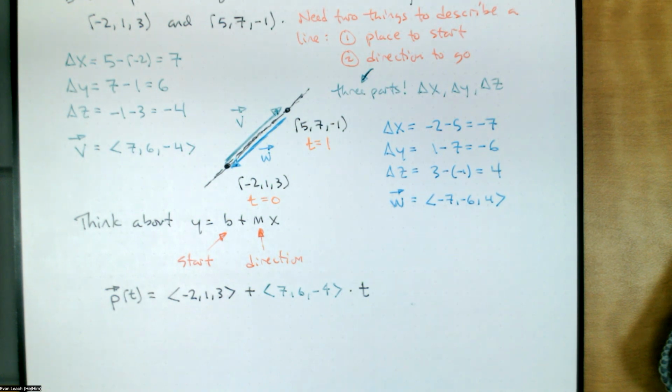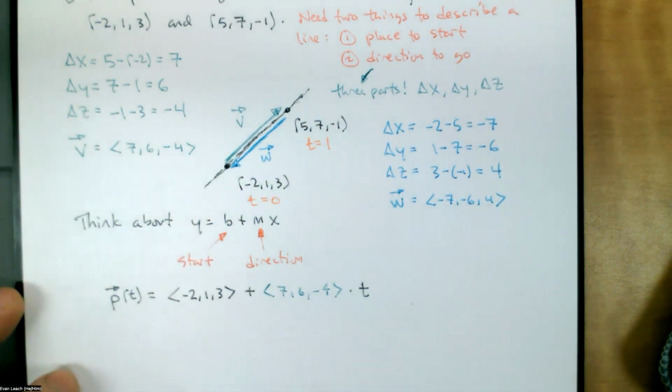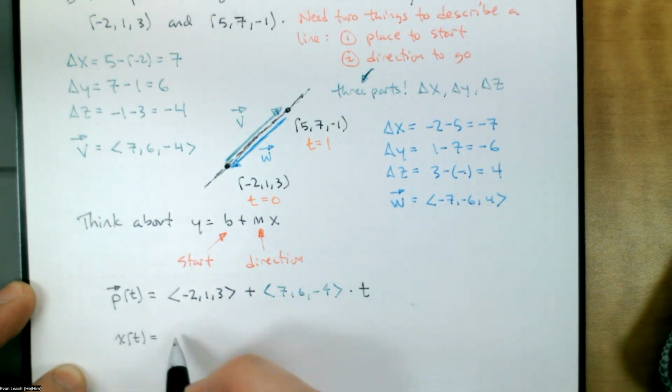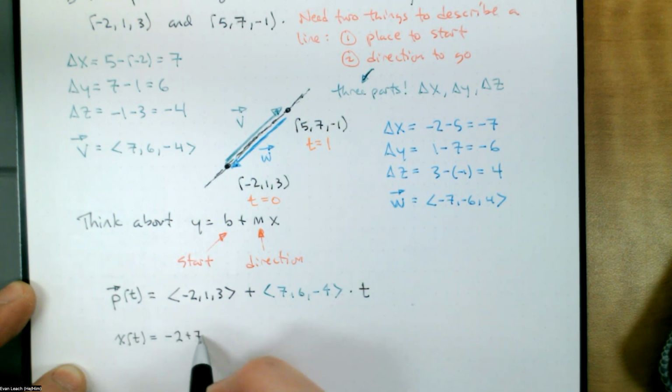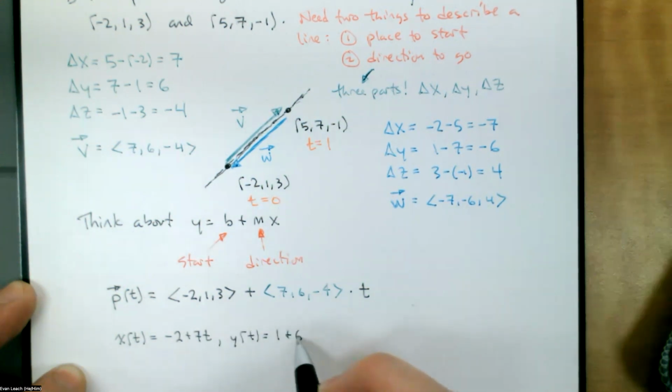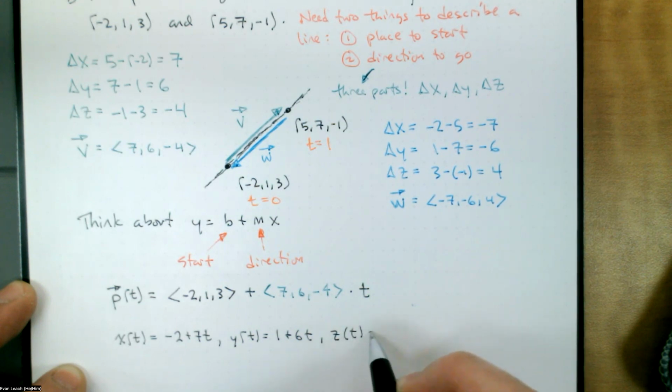If we just multiply this out into one vector, we'll see the 3 parametric equations for our line. The x-coordinate will be -2 plus 7t. The y-coordinate will be 1 plus 6t. And the z-coordinate will be 3 minus 4t.